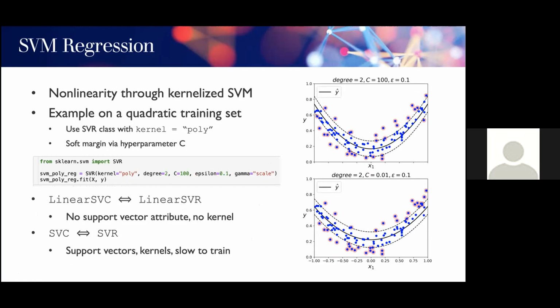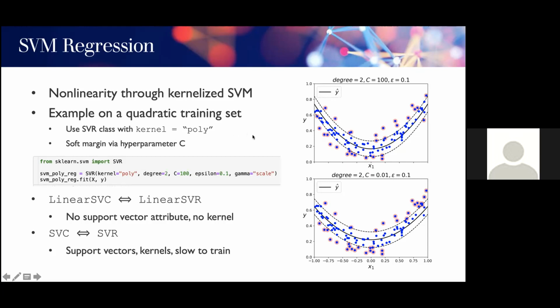You could also do nonlinear SVM regression by using the class SVR, and the poly kernel is the example the author has presented here. The concept is pretty much similar to what we saw for nonlinear SVM classification.